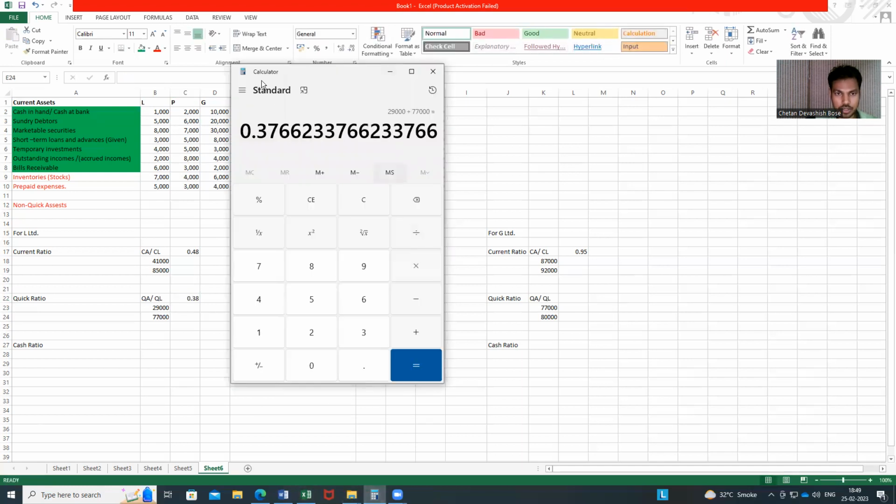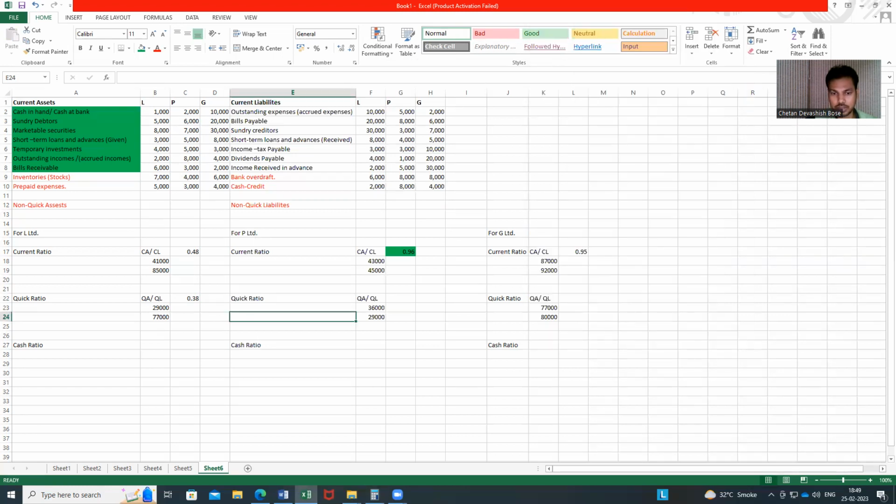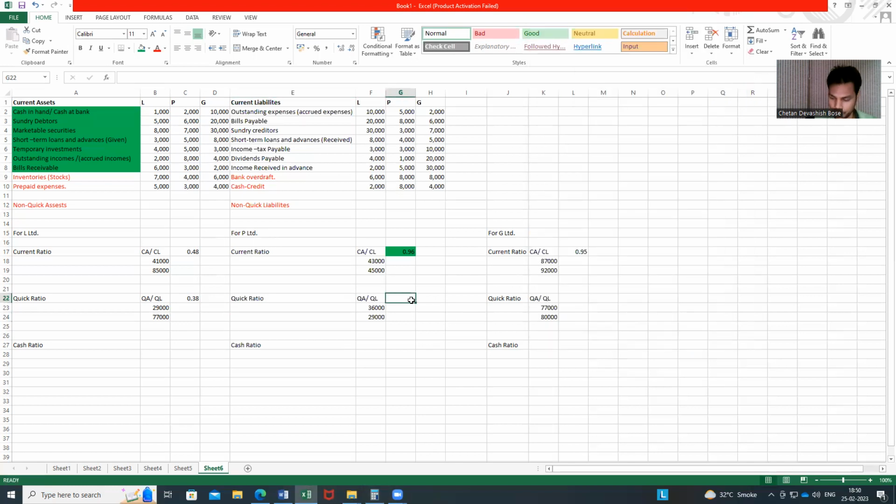Now the next one, 36,000 divided by 29,000. It's 1.24.